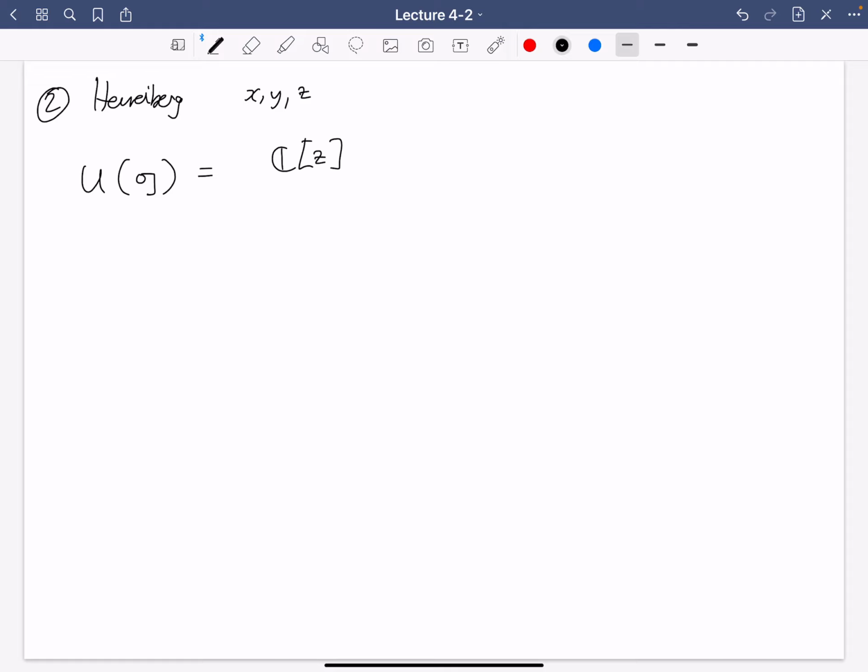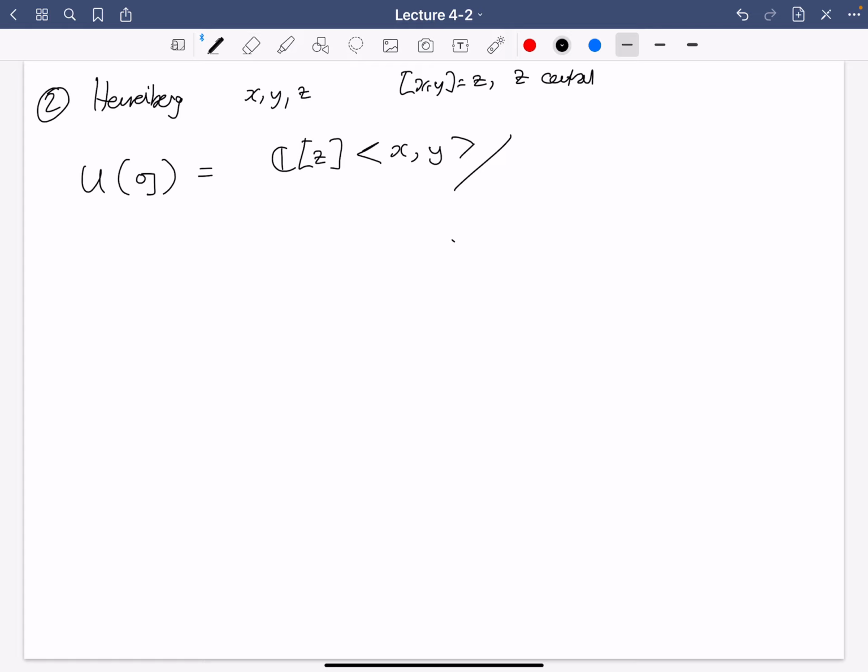It looks like the polynomial algebra in the variable z, and then you have to adjoin x and y, so it's the free associative algebra in non-commuting indeterminates x and y over this polynomial algebra in z. Okay, so z commutes with everything. Remember, z was central in the Heisenberg Lie algebra. So in Heisenberg, the bracket of x and y was z, and z was central.